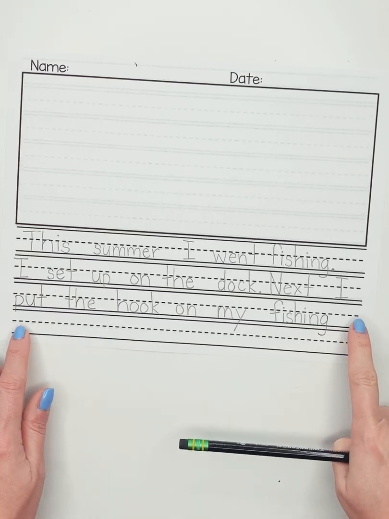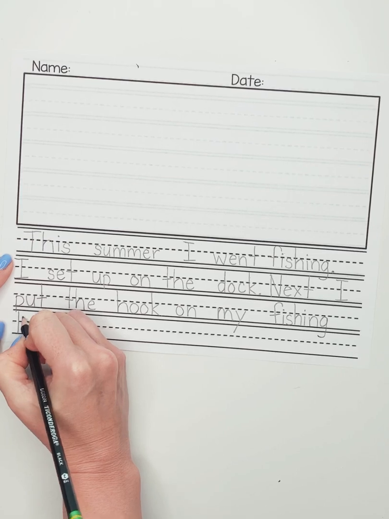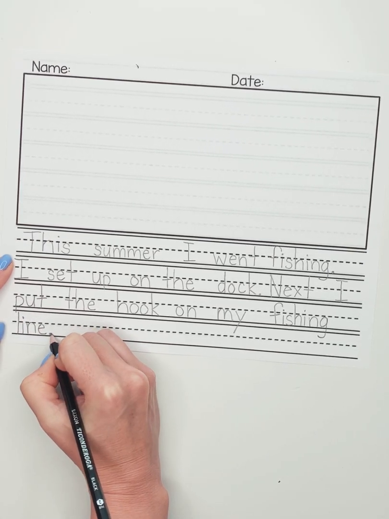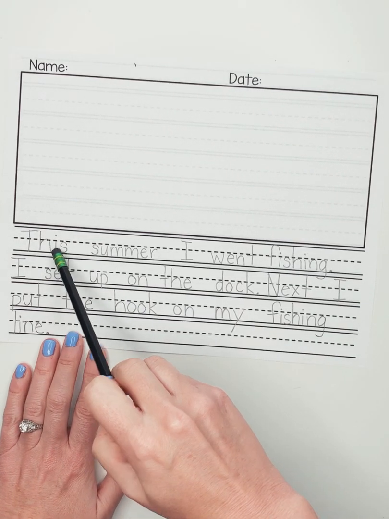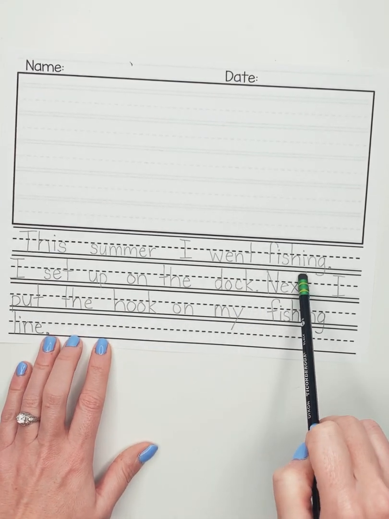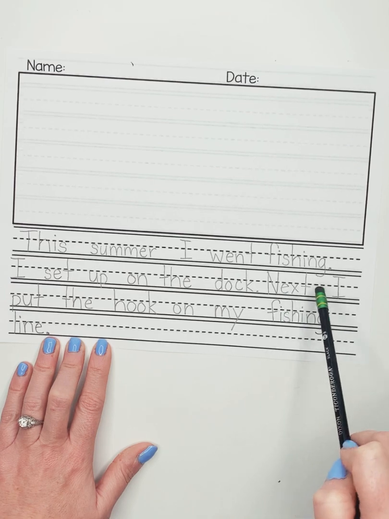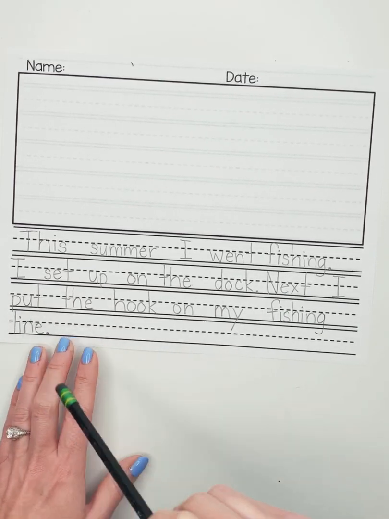I can't fit line here, so I'm going to write it down here. Line. And I don't want to forget my period. I'm going to reread just to make sure it still makes sense. This summer, I went fishing. I set up on the dock. Next, I put the hook on my fishing line.